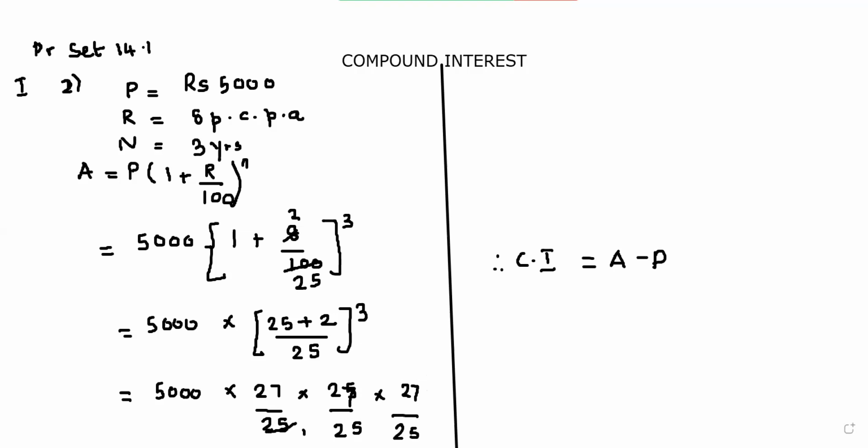25 ones are 25, 25 twos are, 25 ones are, 25 eights are. Now see what happens.